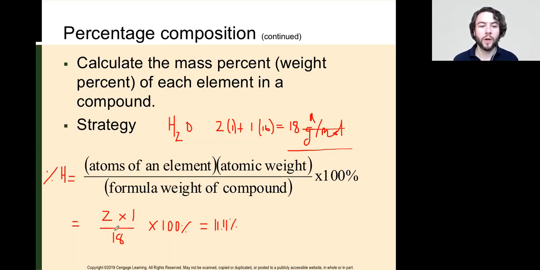This is what you do. You get your total profit, you get your profit from your pandesal, you put that over that, and you get the profit from pandesal over total profit times 100%, and then you'd have the percentage of your profit that was pandesal. This percentage composition is very useful in chemistry, but also very applicable to other things. It's just a mathematical thing.